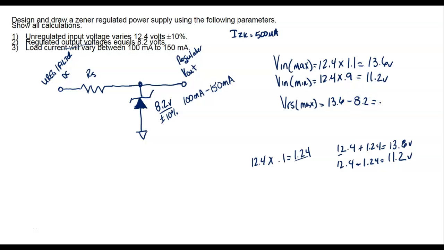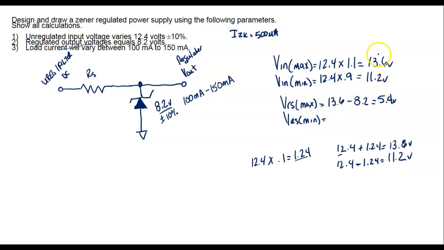So the maximum voltage that resistor should ever have to drop would be whatever I come up with here. So what we got? 5.4. Then VRS minimum, I'll take the minimum input voltage. What's nice is the Zener is going to give us the same voltage. So this is the minimum.